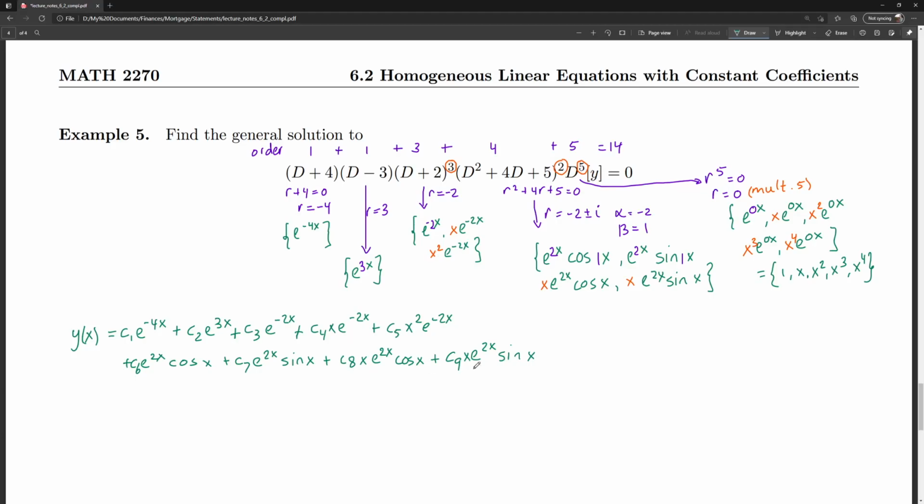So that second line takes care of these 4 functions here. And then finally, the last line, we're up to c10 as our coefficient. c10 times 1 plus c11 times x plus c12 times x squared plus c13 x cubed plus c14 times x to the power 4. And that is the general solution to this differential equation.